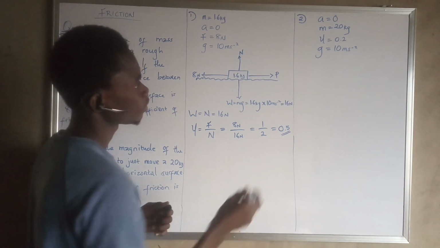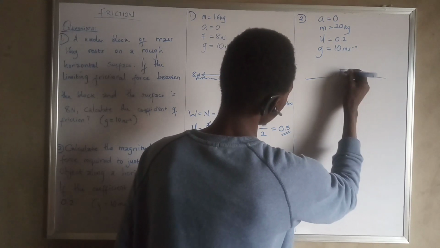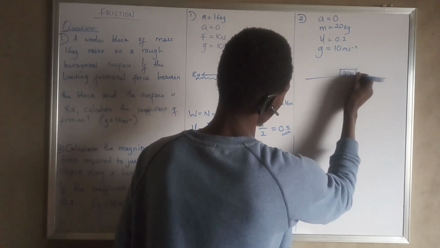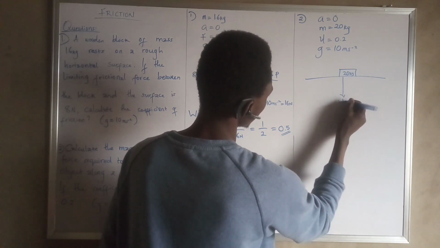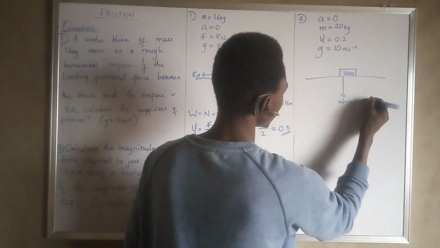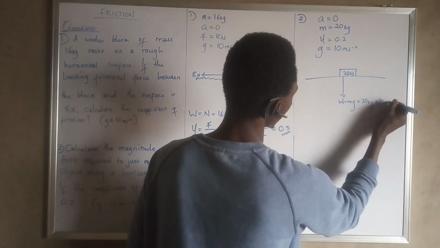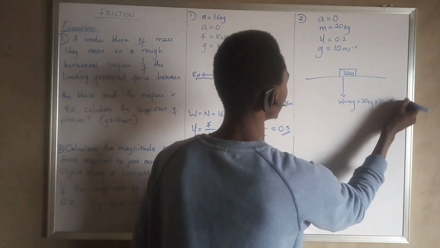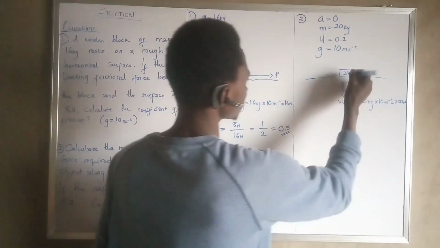Horizontal surface, 20 kilograms. Vertically downward we have the weight, mg, which is equal to 20 kilograms times 10 meters per second squared. This is 200 Newton.